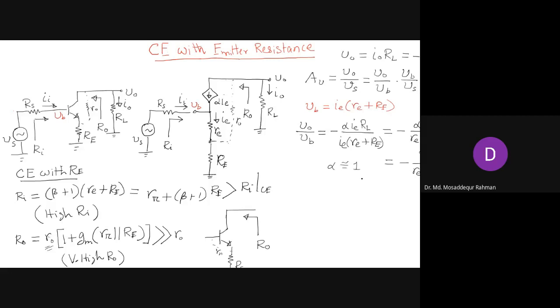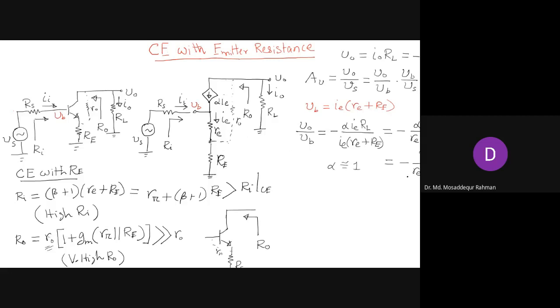So now how to see the gain from base to collector, V0 by VB: we can express it as the ratio of these two resistances. One is RL, the resistance in the collector side, and the denominator has small re plus capital RE, the resistance in the emitter side.